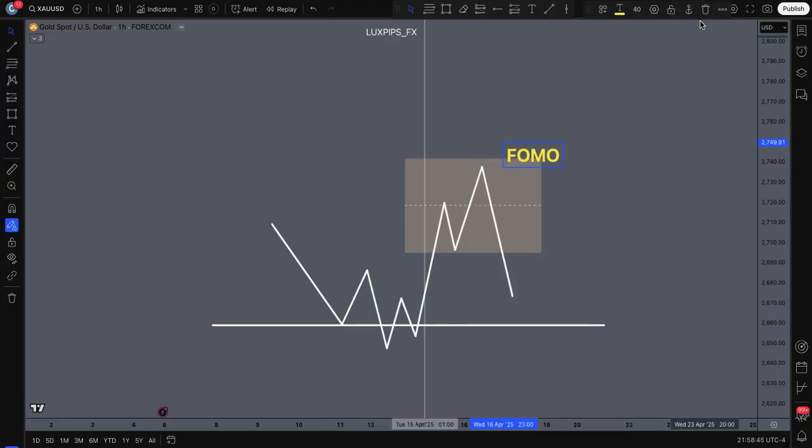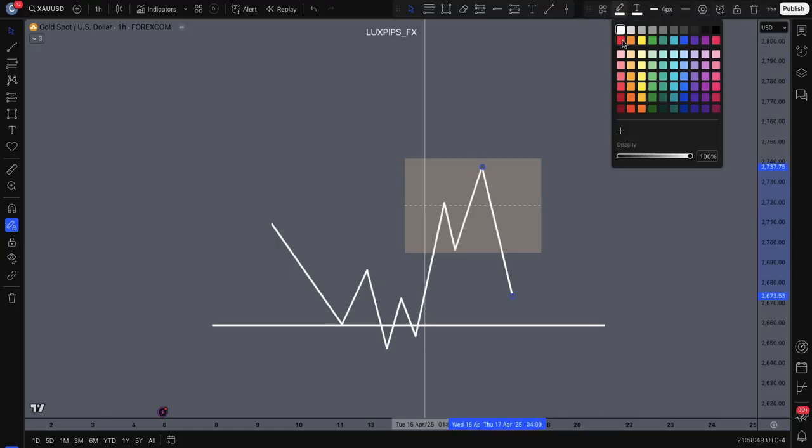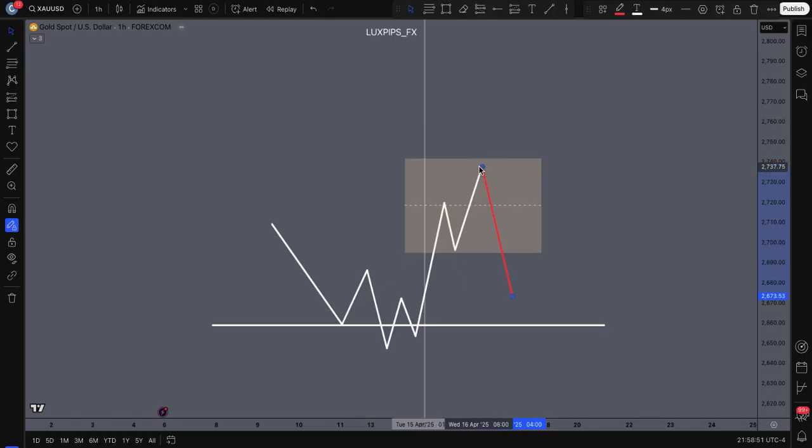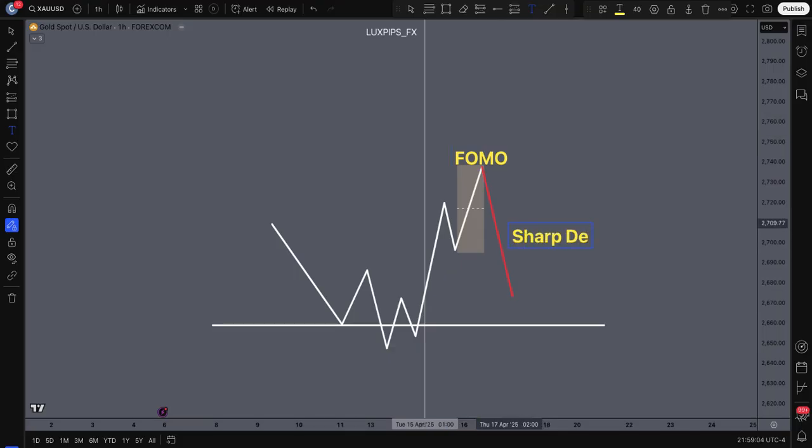More than likely, it's gonna make this little high. I call this little move right here suspension leg. I call that the FOMO. This decline right here, I call this sharp decline.